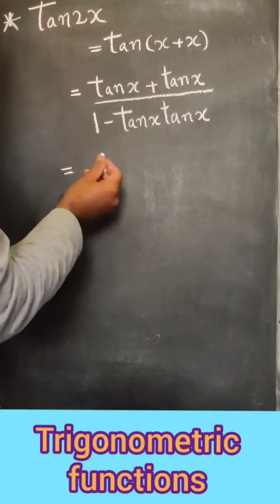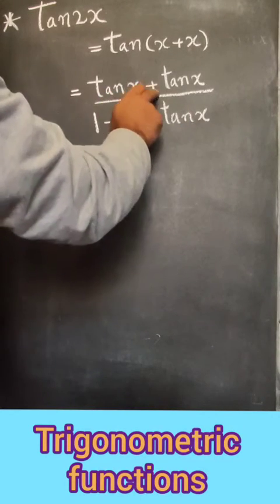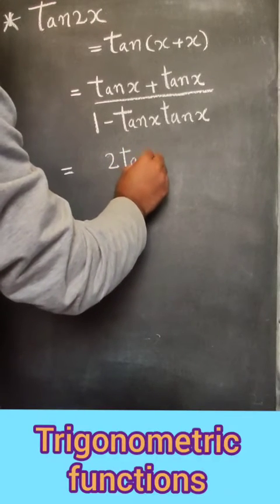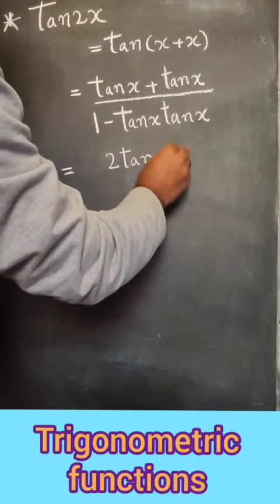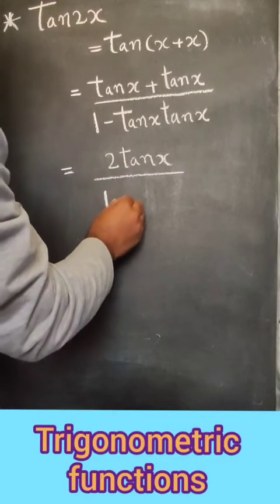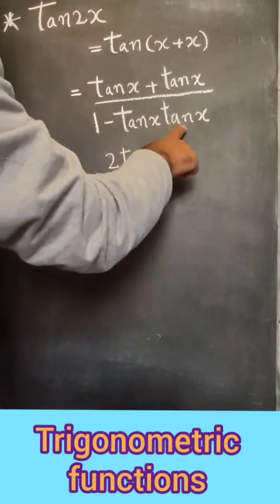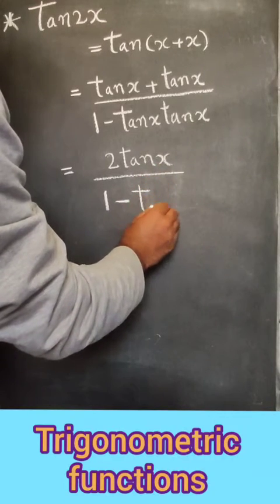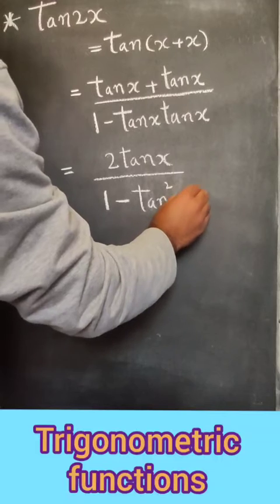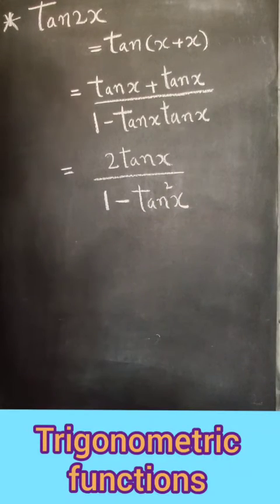So that is equal to tan x plus tan x, that's twice tan x divided by 1 minus tan x into tan x, that is tan square x. That proves the result for tan of 2x.